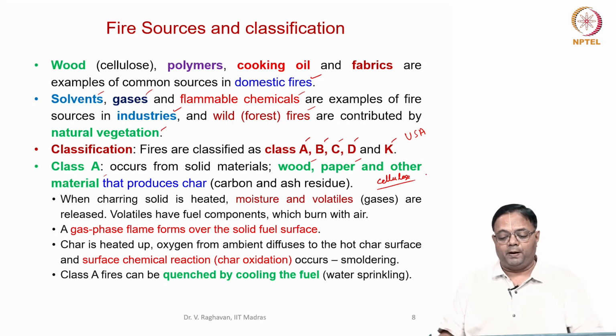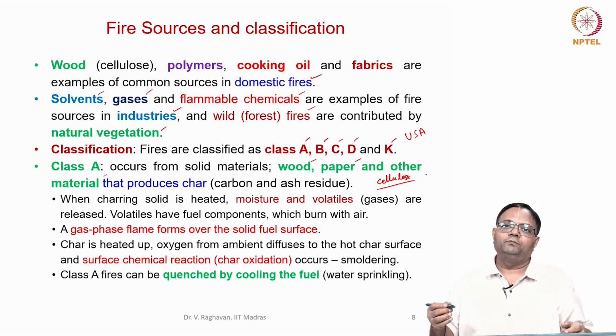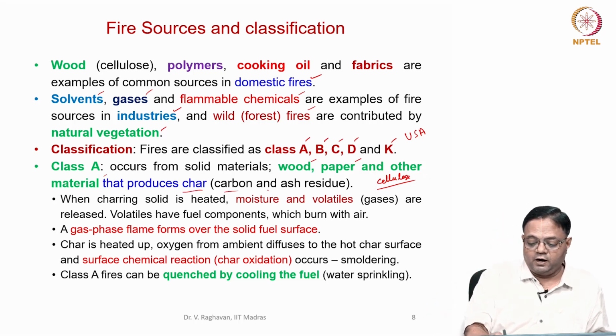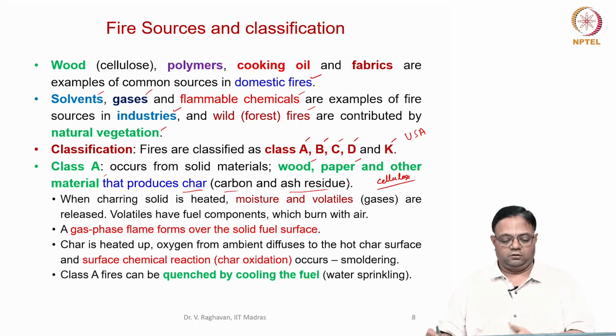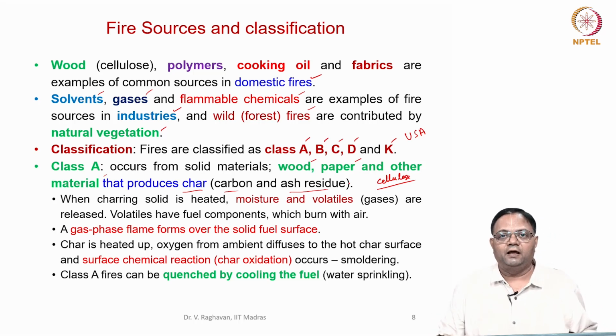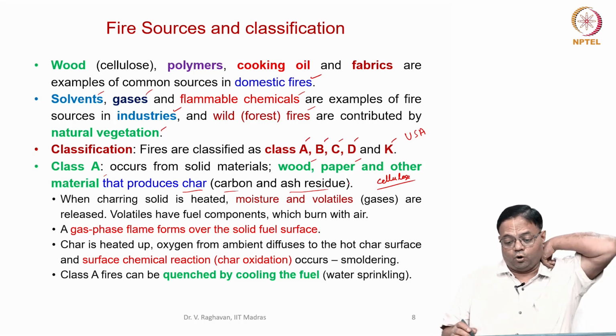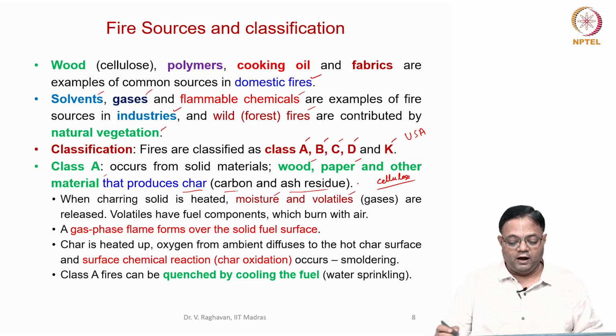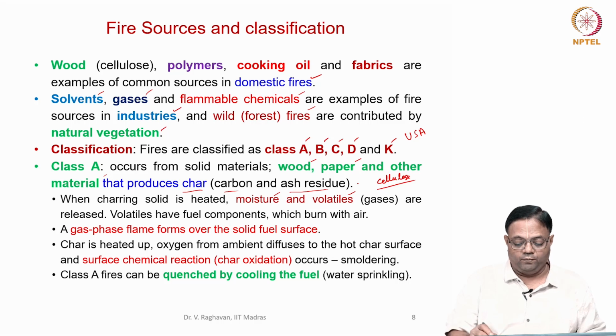Generally, when you burn wood, paper, etc., it produces carbonaceous particles and ash, char. So, that is the class A fire. Class A source of a fire involves charring solid fuels. As I told in the beginning, when the charring solid fuel is heated, moisture and volatiles are released and then a char is formed.